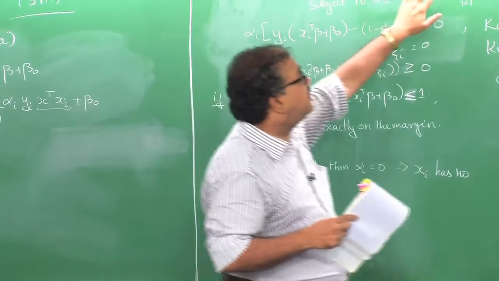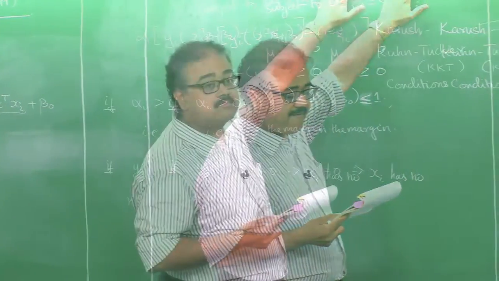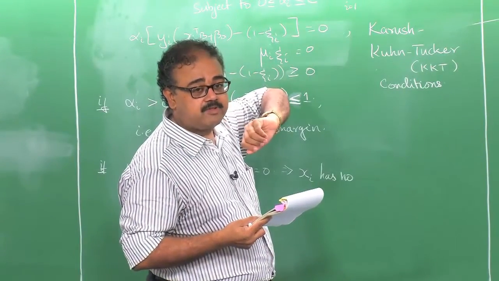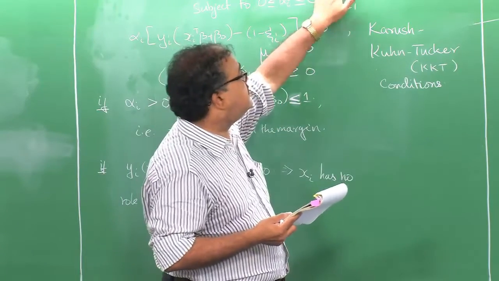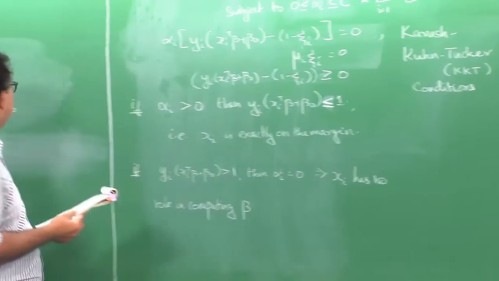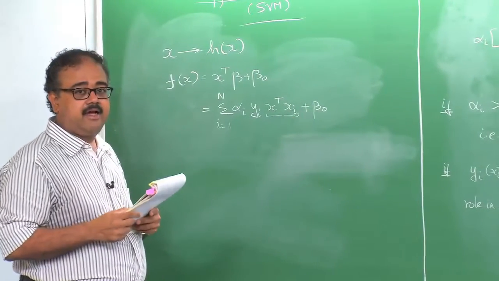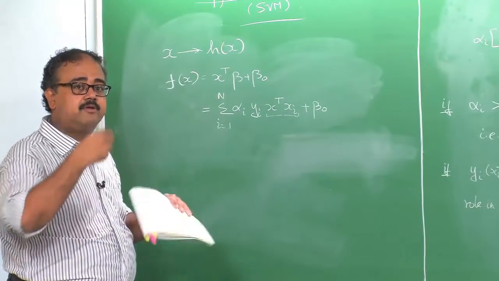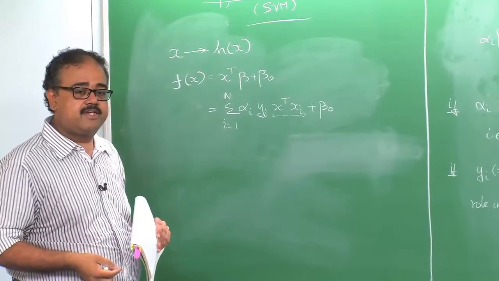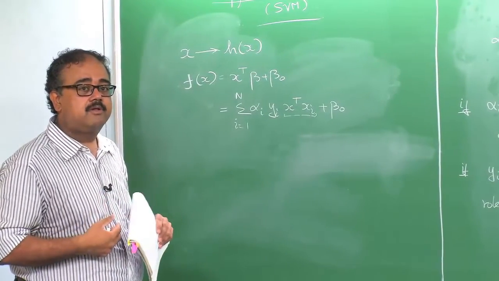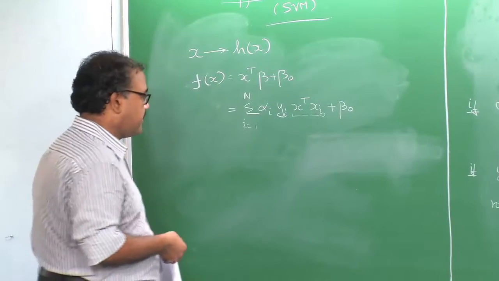So, the dual is essentially going to have again xi transpose xk. You can see that the x's appear in our problem always as inner products, and if you are somehow able to compute these inner products efficiently, then we should be able to solve the problem more efficiently.